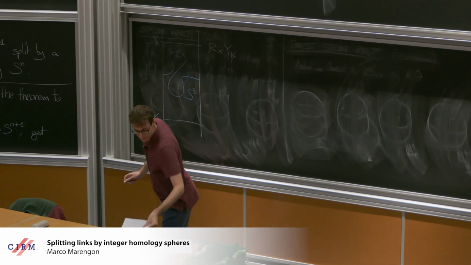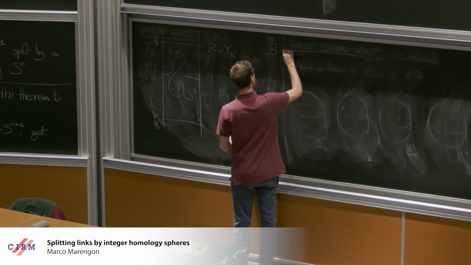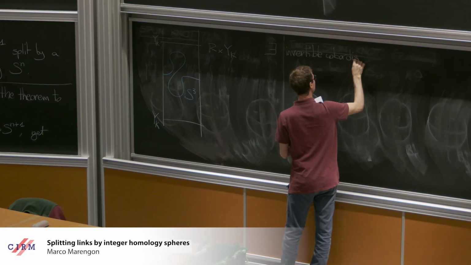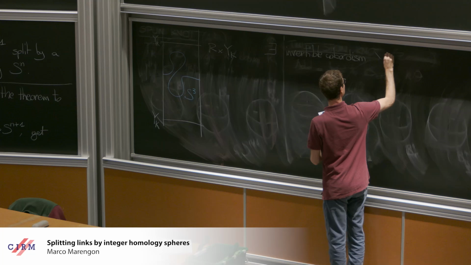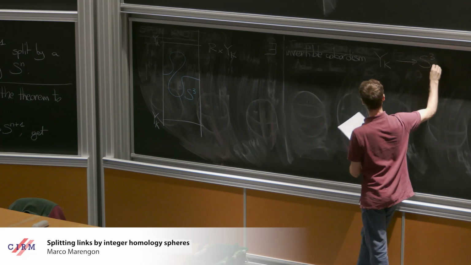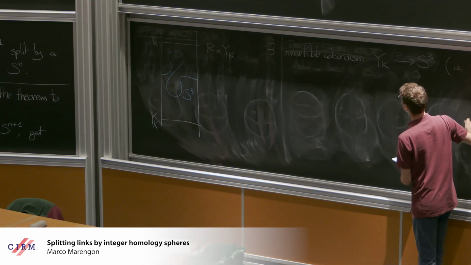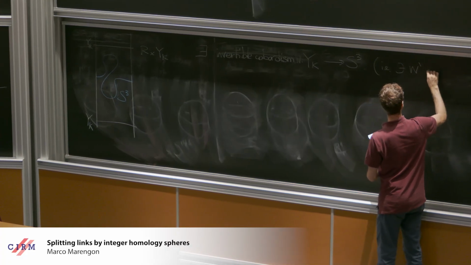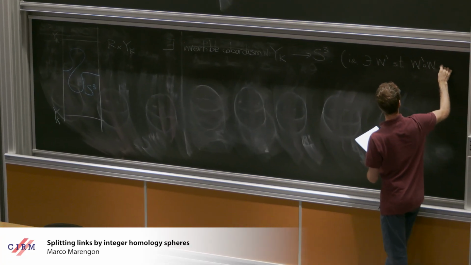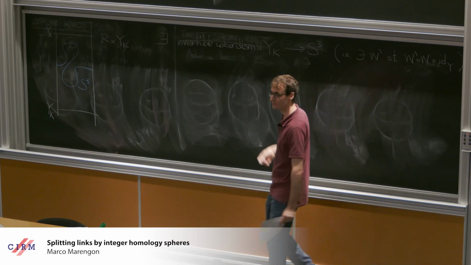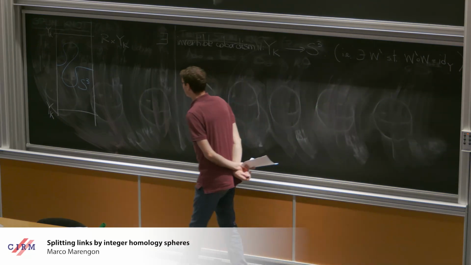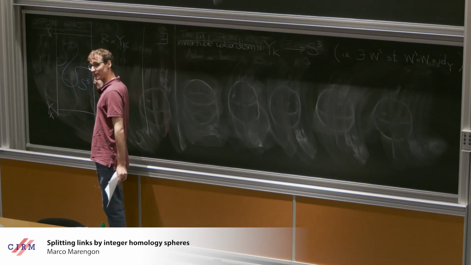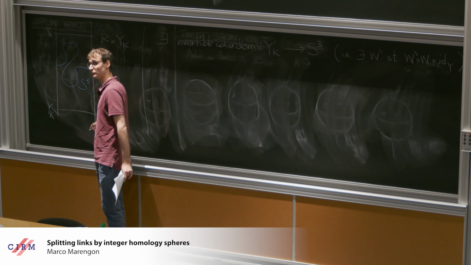So this is called an invertible cobordism from Yk to S3, let's give it a name, W. There exists a W prime, such that W prime composed with W is the identity cobordism over Y, so it's interval cross Y. And this is the key point, because when you have an invertible cobordism, somehow the end manifold of the cobordism is supposed to be more complicated than the one you started with.